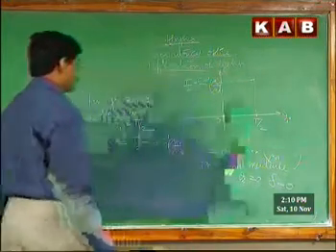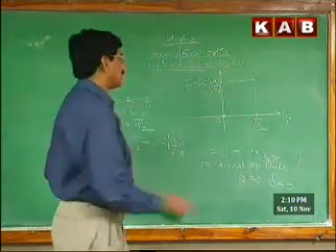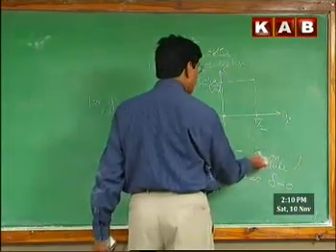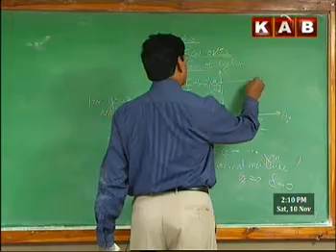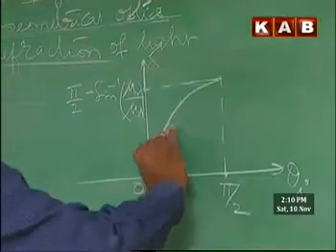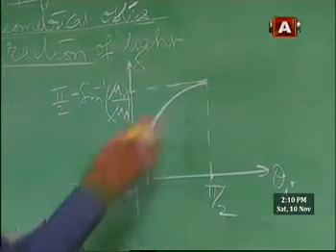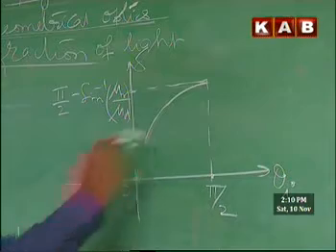In between, it is a sin inverse function, the difference of theta I and sin inverse. Therefore, the graph will asymptotically reach here, concave down.